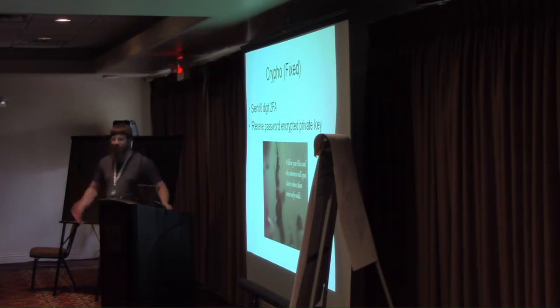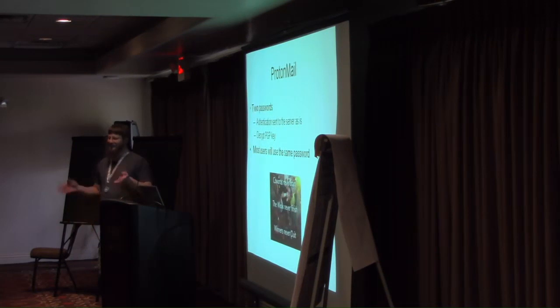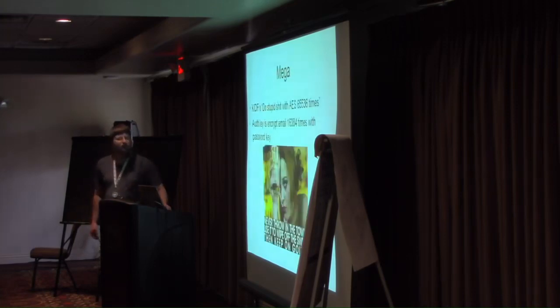So that's now fixed. There was no rate limiting or anything. Proton Mail, they're like, oh, we'll have an authentication password and a decryption password, but I'm pretty sure most users are going to use the same password. And the first one's just sent plain text, like logging into a web page.